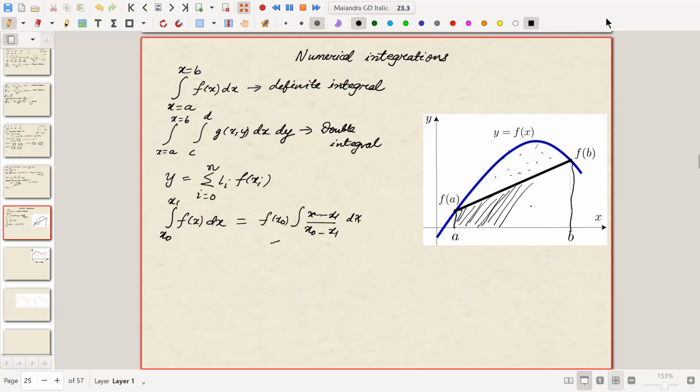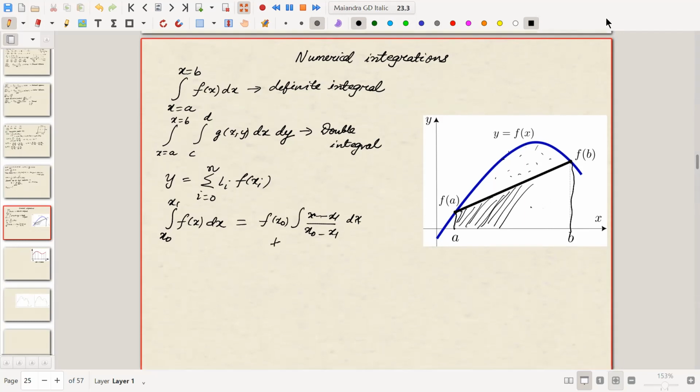Plus f of x1, the integration of L1 dx. What is L1? But I have not mentioned the limits.